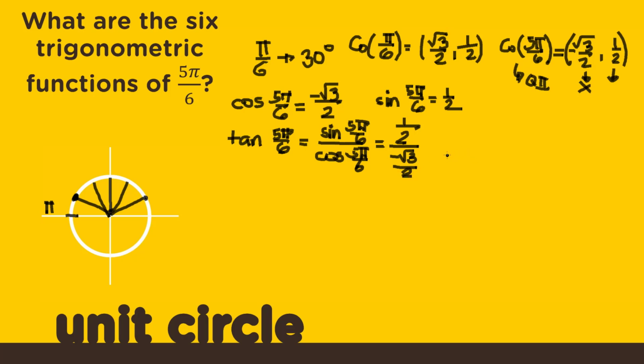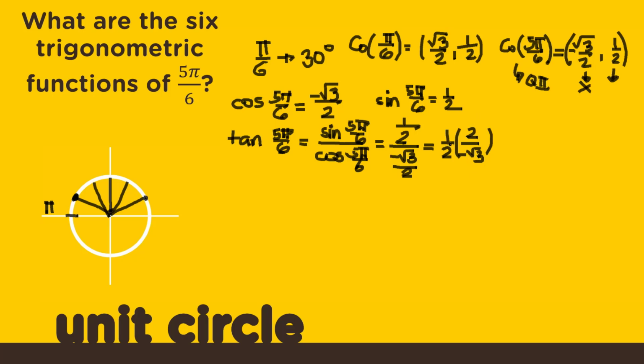To finalize the result here, take note we are dividing fractions now. So we'll be using the keep, change, flip method. We keep our numerator, our first fraction. Instead of division, we'll have multiplication. And we flip or reciprocate our denominator. You have here 2 over negative square root of 3, just like that.